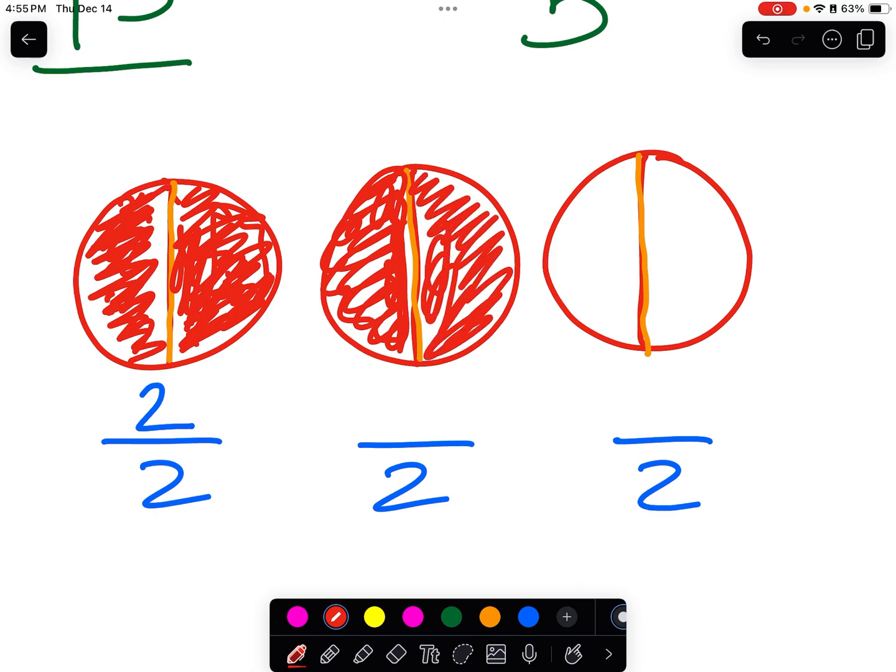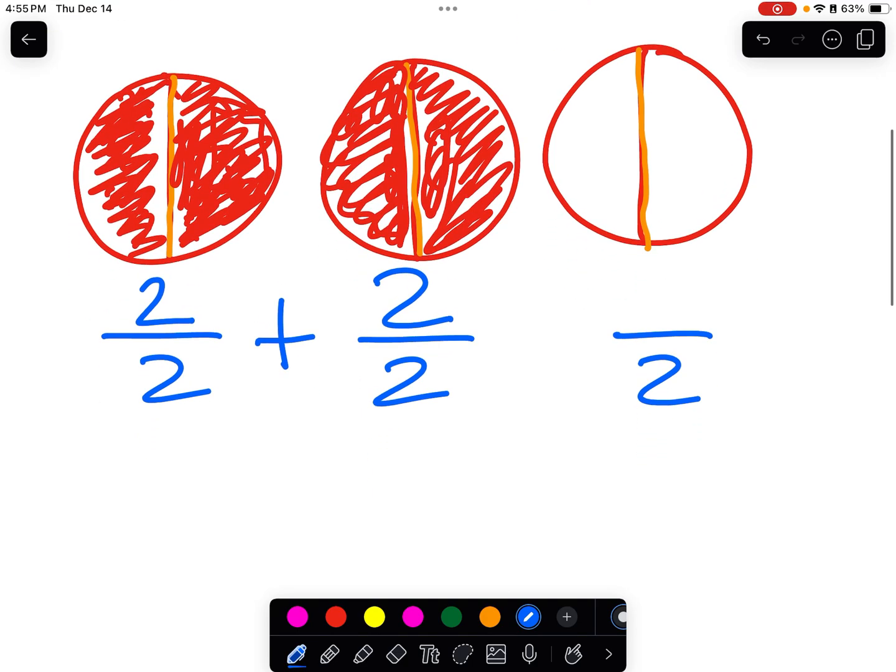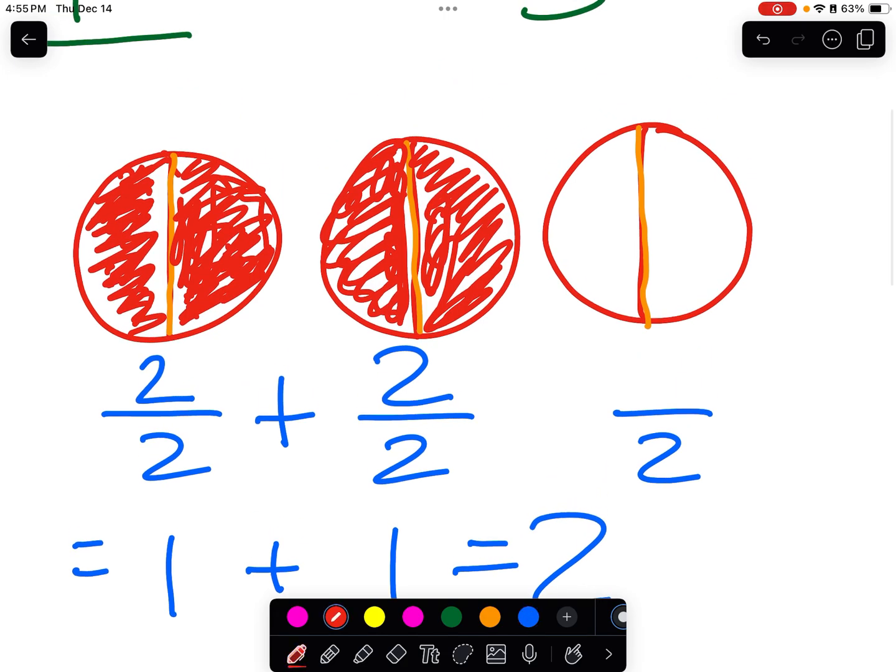Now I've had 2 halves plus 2 halves. Another way to think about that is that I've had 2 whole pizzas. Because remember, if 2 halves is really 1, and then 2 halves is also really 1, then I've had 2 pizzas so far, right?